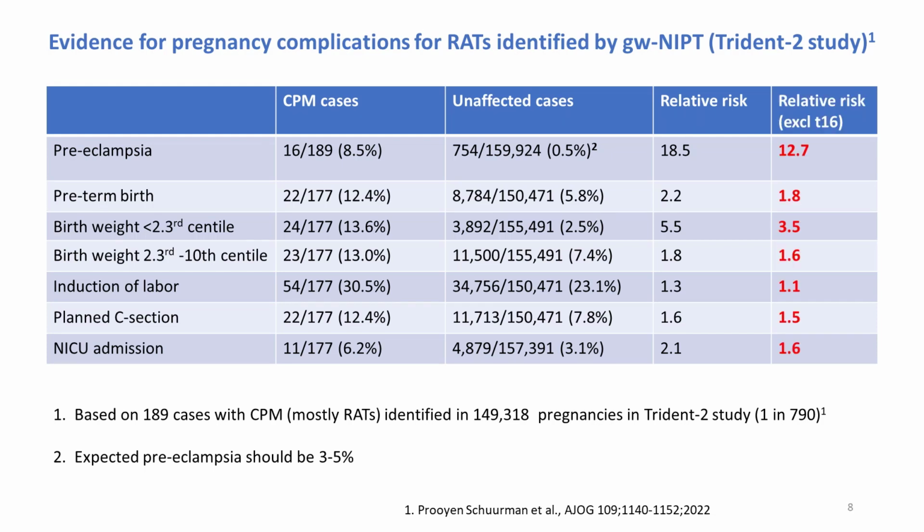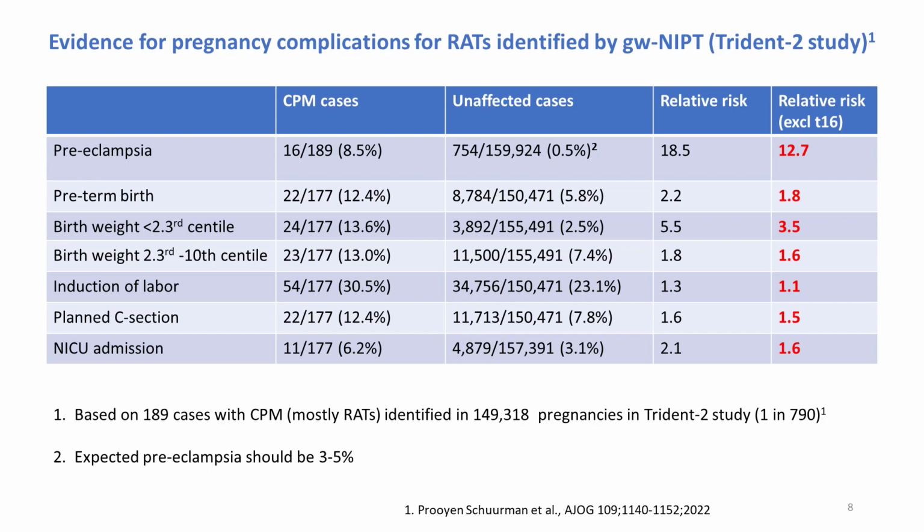We can also take their data and back calculate, taking out chromosome 16 that we know about. If we do that, we end up with the relative risk figures that I'm showing in this right-hand column over here. And you can see that there may be something going on. They're all slightly more than 1. But in terms of making this a useful test for pregnancy complications, it's certainly not that.